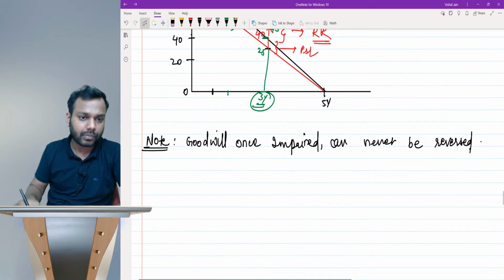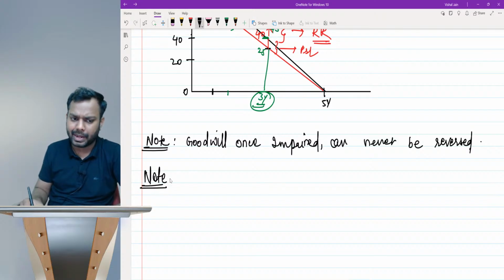Note. This is not related to impairment, guys. It is a general note.